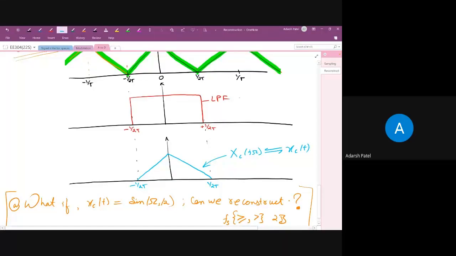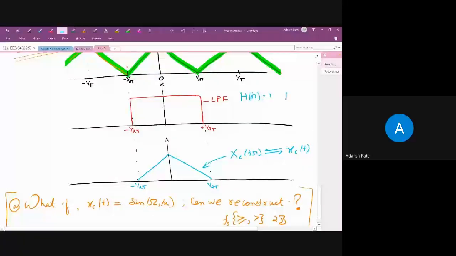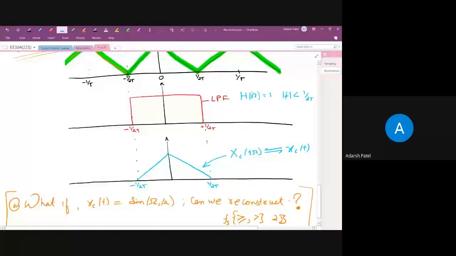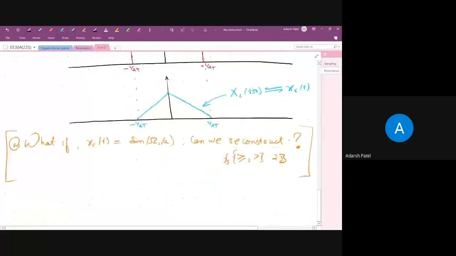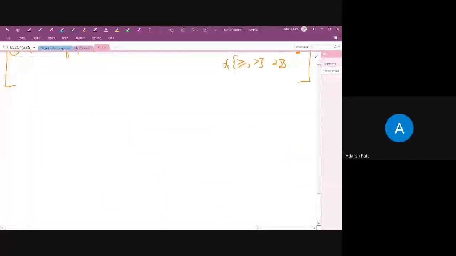This is the LPF where H(j omega) is equal to 1 for mod f less than 1 upon 2T. So let us now start seeing reconstruction again.